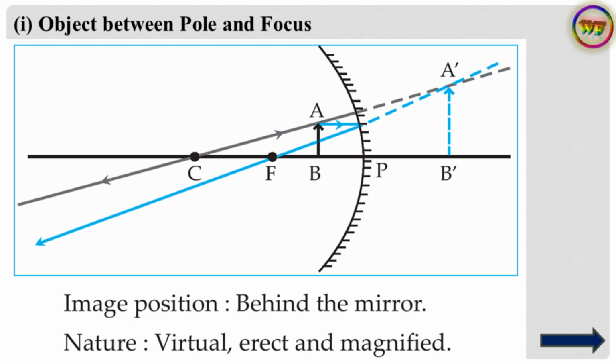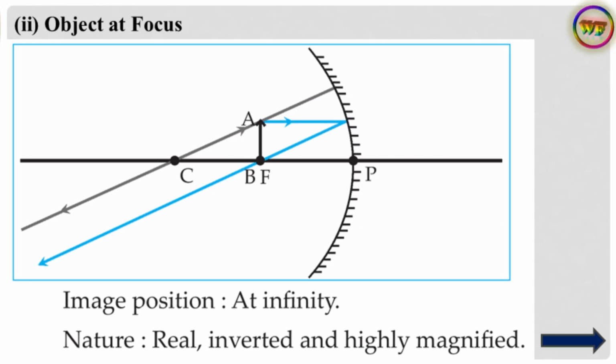Object between pole and focus. Continuation of the answer is on the next slide. Two. Object at focus. Continuation of the answer is on the next slide.